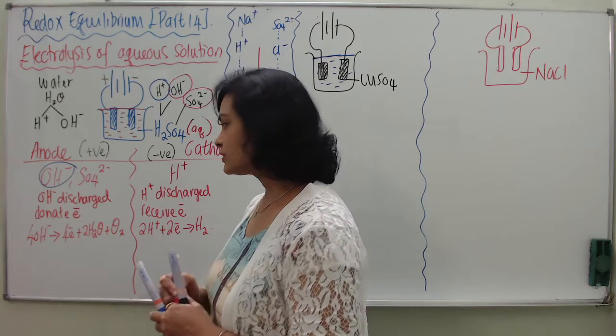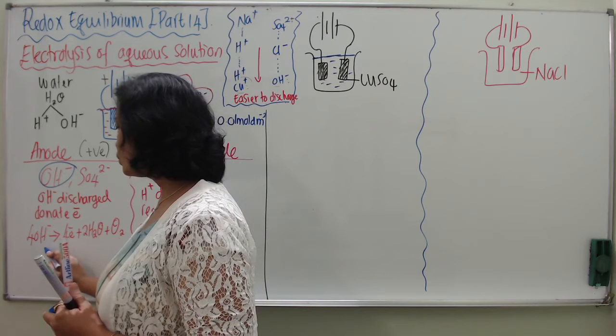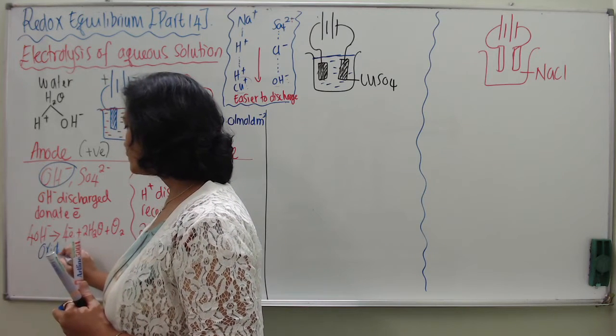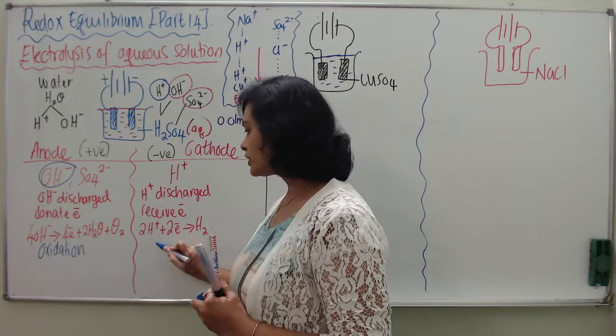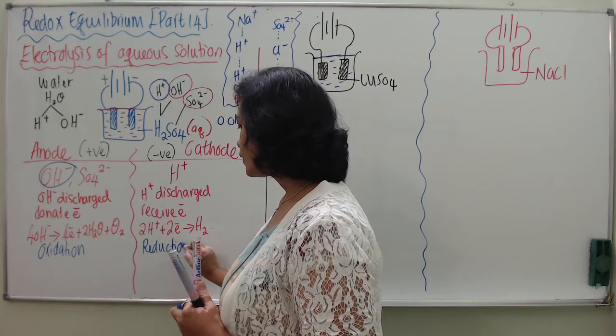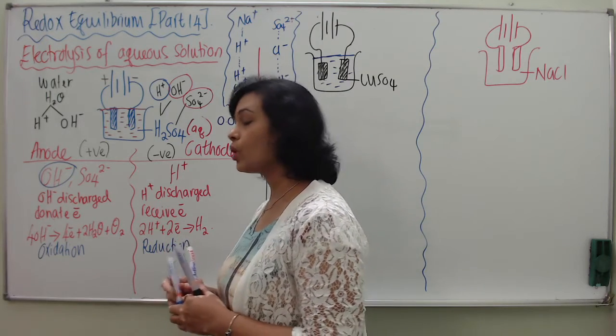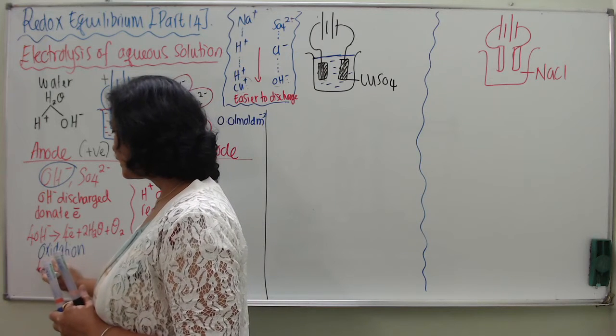Now, we can say that hydroxide ion has gone through oxidation and hydrogen ion has gone through reduction. Why has hydroxide ion gone through oxidation?